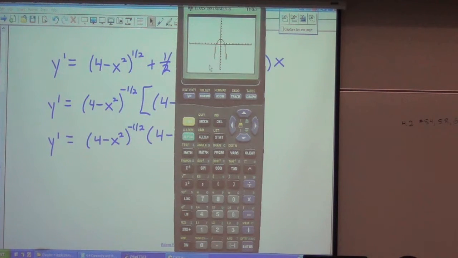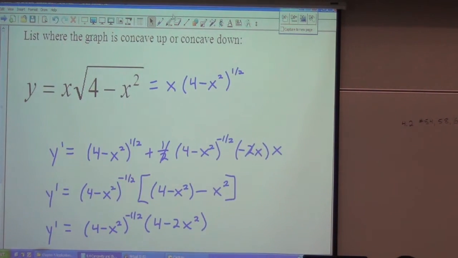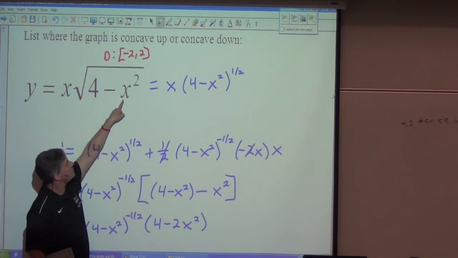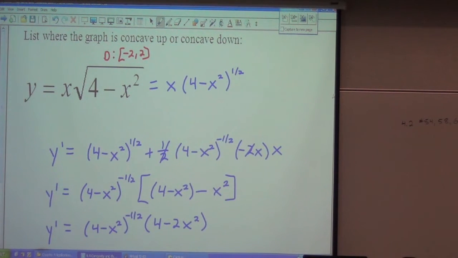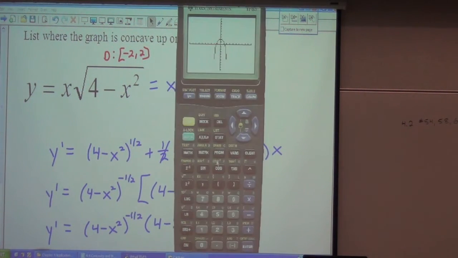That's interesting, I don't see anything beyond negative 2. The domain of this is only negative 2 to 2, isn't it? Anything less than negative 2, this becomes a square root of a negative number. It's not a real number. So that's nice. Now when I look at this graph, there's only one maximum.